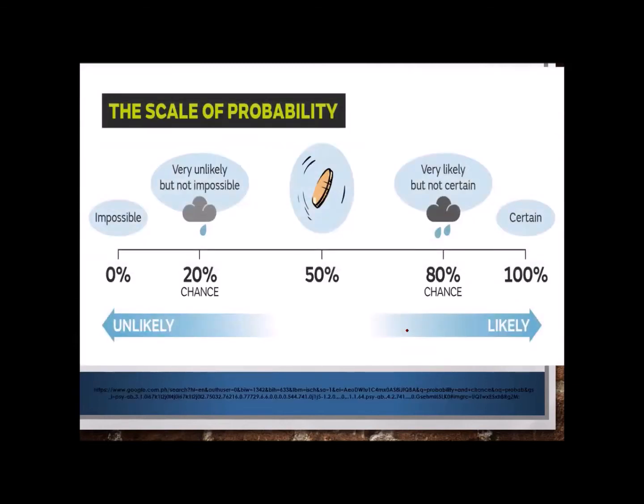Now, let me remind you of this scale of probability. Kung mapapansin nyo, ang sagot lang natin is nagre-range from 0% to 100%. Okay? Kasi pagka nag 100% or equivalent with 1, ibig sabihin, sigurado ka na iyon ay mangyayari. Pagka nag 0% ka naman or 0, that is impossible to happen.